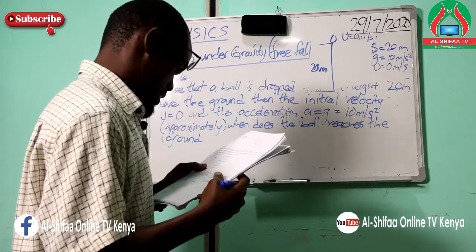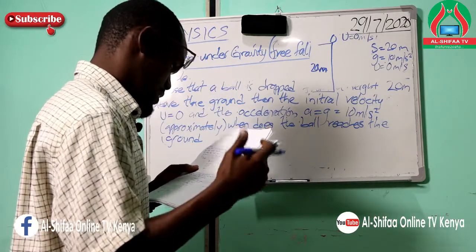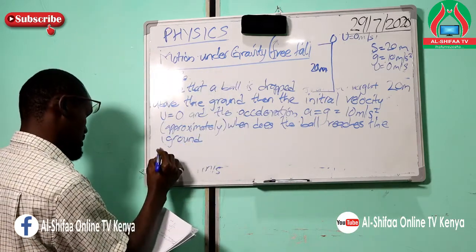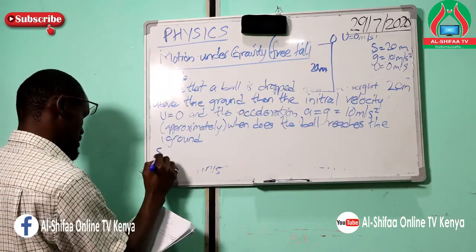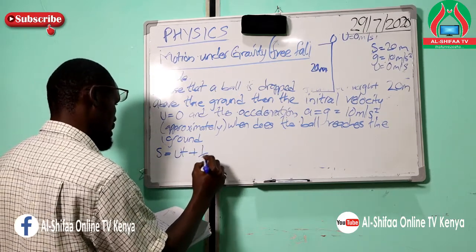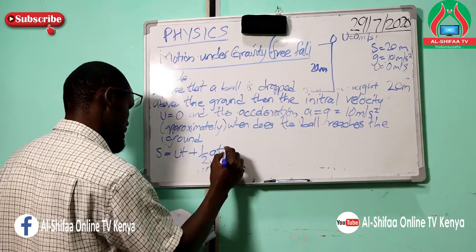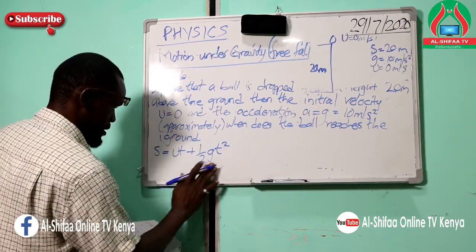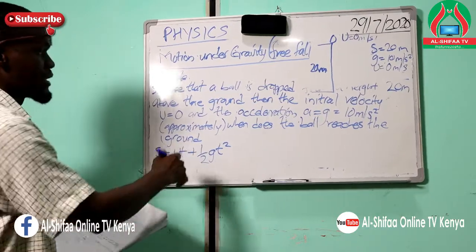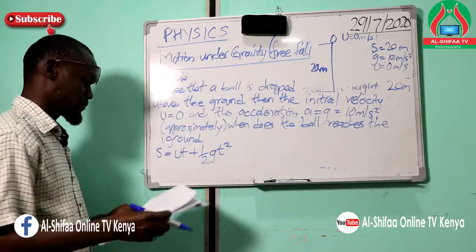With the kinematic equation, we can use the second equation, which says that displacement is equal to initial velocity times time plus a half g t squared. You have to see why it is positive: because it's moving toward the ground.